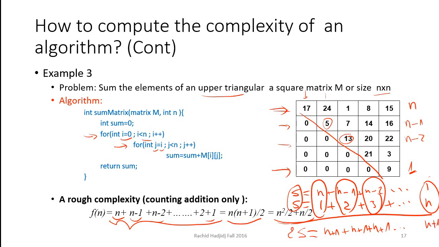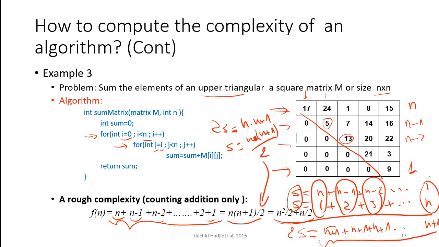So if we add all these things, how many n plus 1 do we have? We have n. So 2s is equal to, sorry for the writing, n times n plus 1. And therefore s, the sum we're looking for, is going to be n times n plus 1 over 2. And this is the quantity.